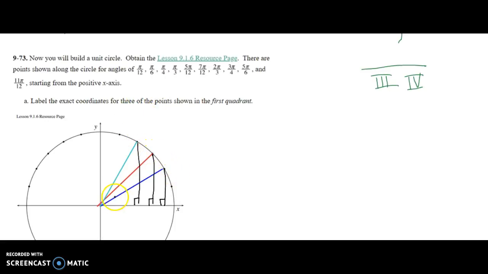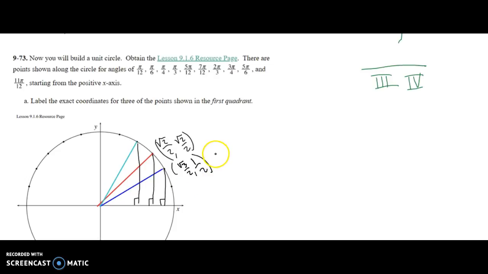Well, this point right here in the middle, right, that's the 45 degrees, or in radians, that is pi fourths, and we saw that was the square root of 2 over 2 and square root of 2 over 2. And then over here, this would be our 30, 60, 90 triangle we're looking at. This base is longer than our height, and we have a square root of 3 over 2 over 1 half, right?